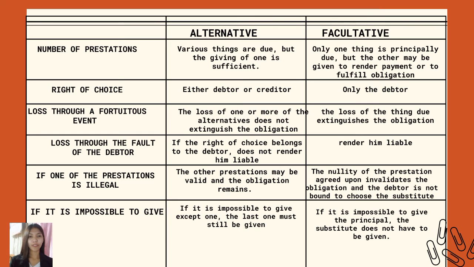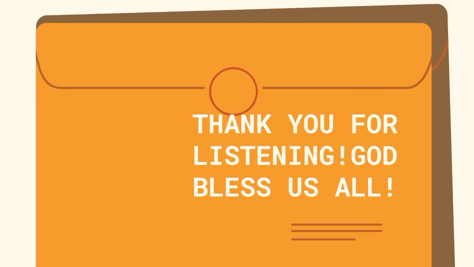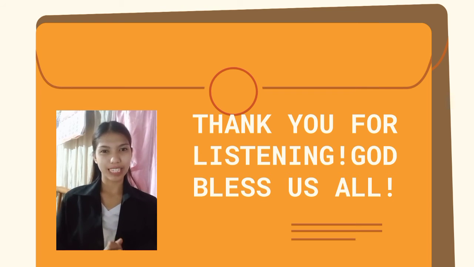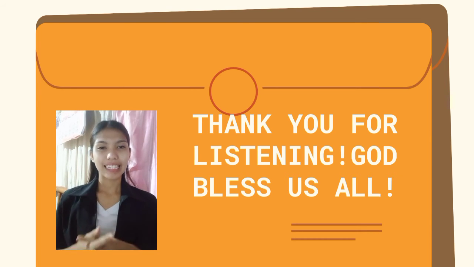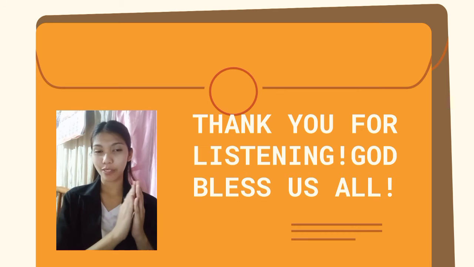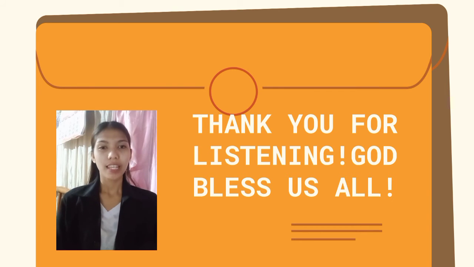Under the alternative obligation, if it is impossible to give except one, the last one must still be given. Under sa facultative obligation, if it is impossible to give the principal, the substitute does not have to be given. So that's my part for today's reporting. I hope that everyone learned something from my discussion, and my co-member for today's report will continue the report on section 4. Thank you.